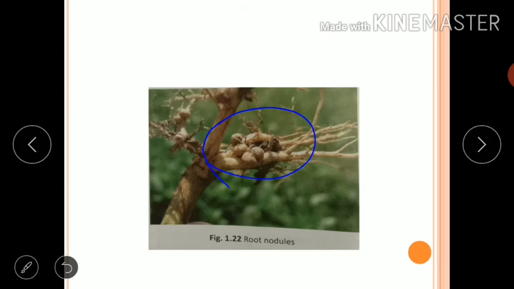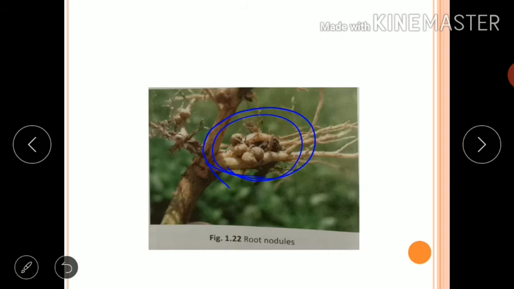Rhizobium is a nitrogen fixing bacterium which forms nodules on the roots of legumes, meaning beans or peas. It converts nitrogen into nitrates that can be absorbed by the plants.